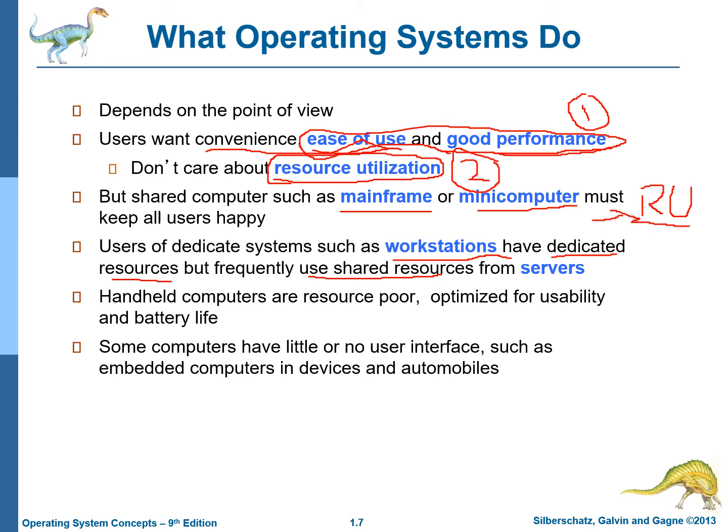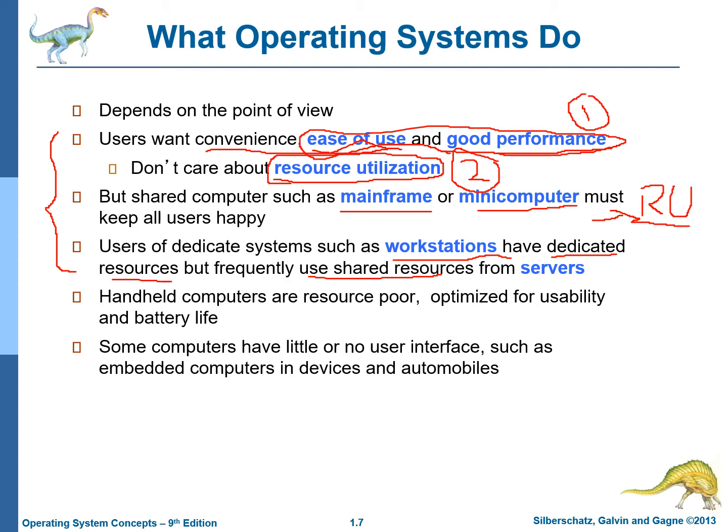In a workstation where there are a few dedicated resources and a few shared resources, the operating system will try to do something in between. It tries to provide a reasonably good experience and also tries to optimize the resource utilization. Okay, so these are the primary categories of operating system: the operating system running in a personal computer, the operating system running in a mainframe, and the operating system running in the workstations.